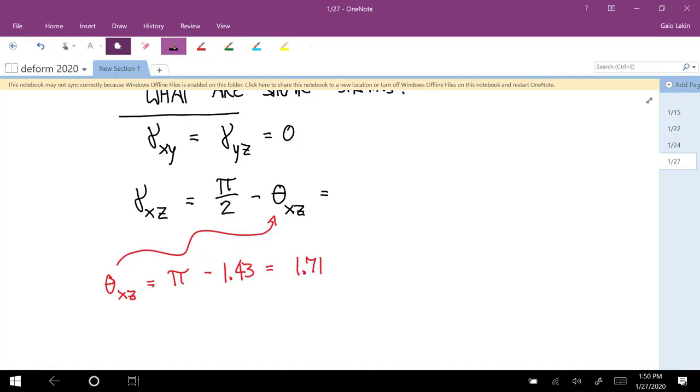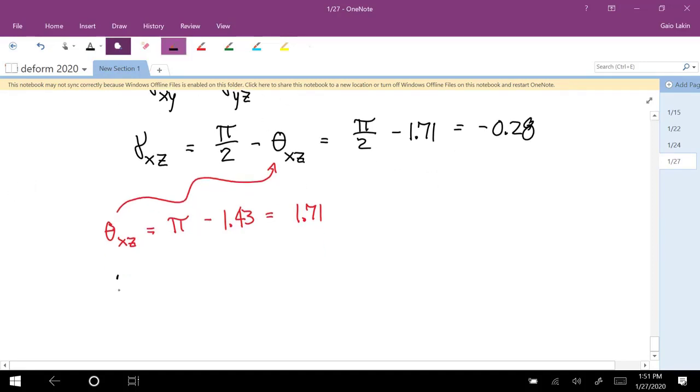And so gamma xz is pi over 2 minus 1.71, which is about negative 0.28. Okay. Again, this is way too big to be realistic for actual strains.